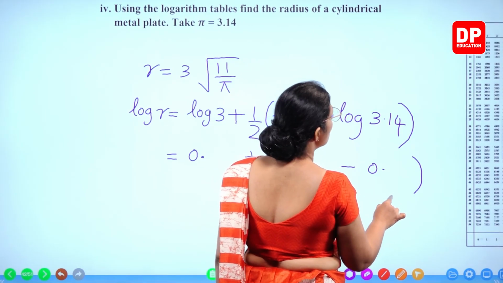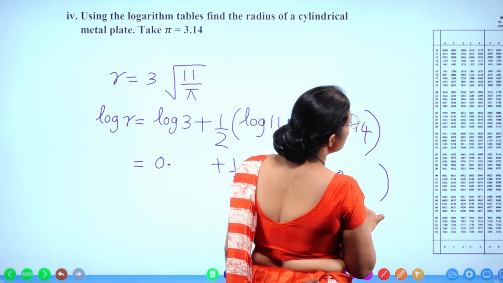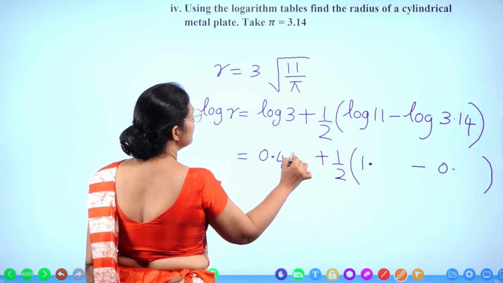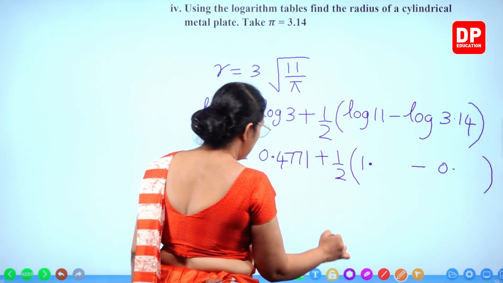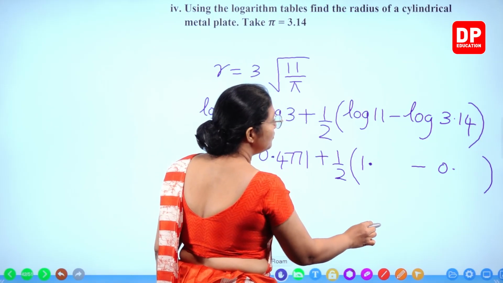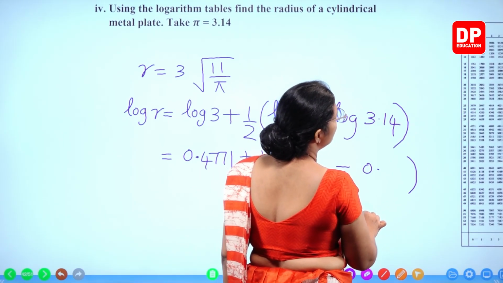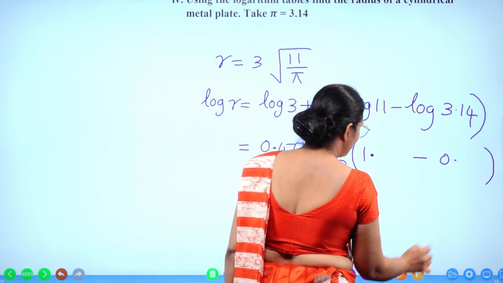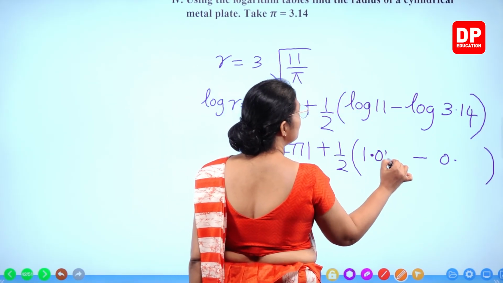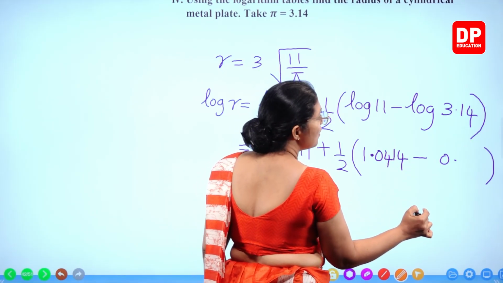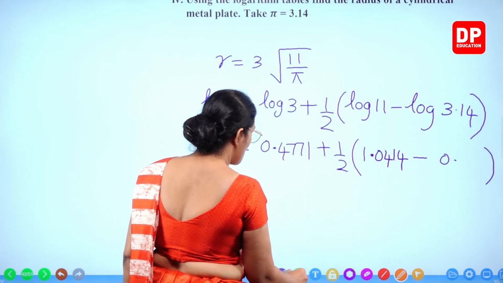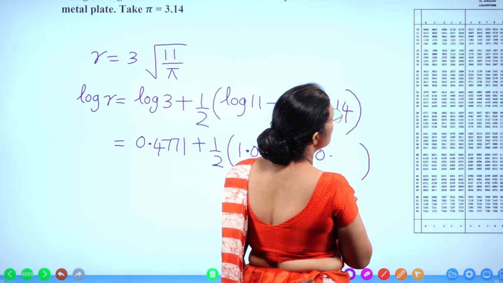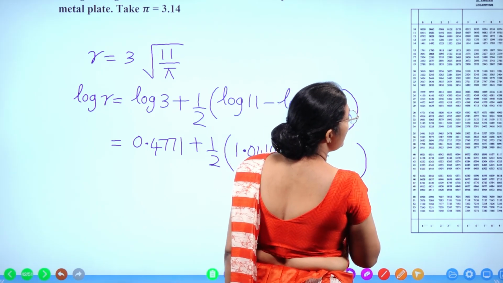Log 3, so 30 is 4771. 11 is 0414. 31 4 is 4969.